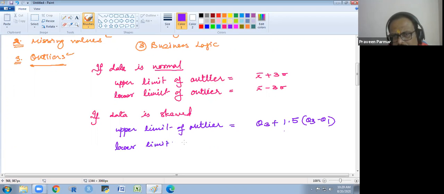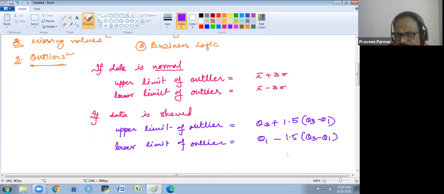What would it be for the lower limit? Can someone explain it? Okay, no response. So it is Q1 minus 1.5 into Q3 minus Q1. In the lower limit, we have to use Q1.